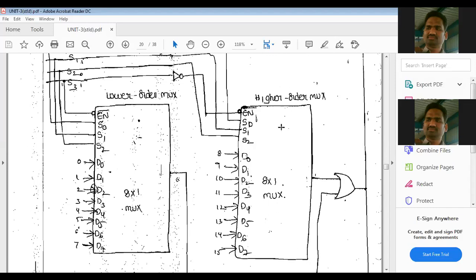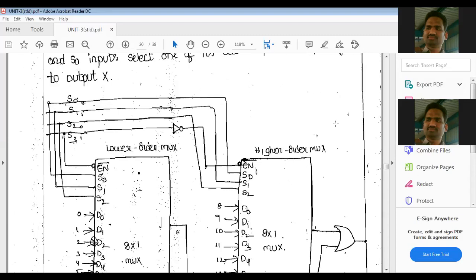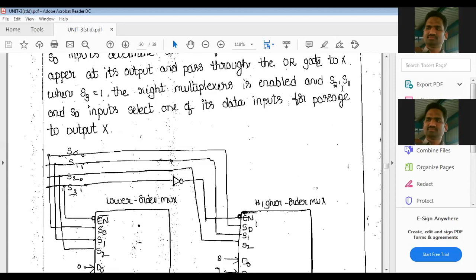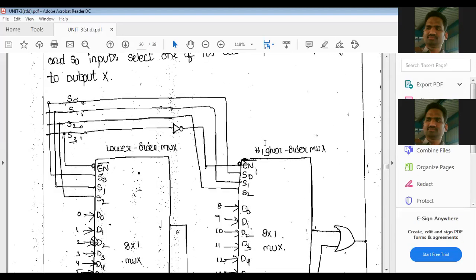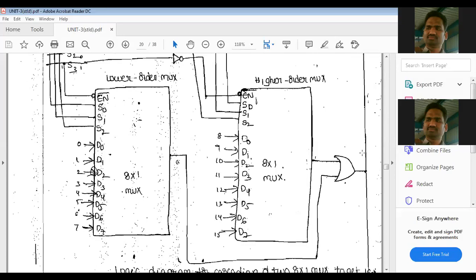Now the right hand side multiplexer is enabled, that is the higher order one. Now according to S0, S1, S2, S3, enabled, and the S2, S1, S0 inputs select one of its data inputs for passage to output X. Here I am taking X, or it can also be Z. Now I am selecting S0, S1, S2 as 0, 0, 0. What do you have to select here? D8.